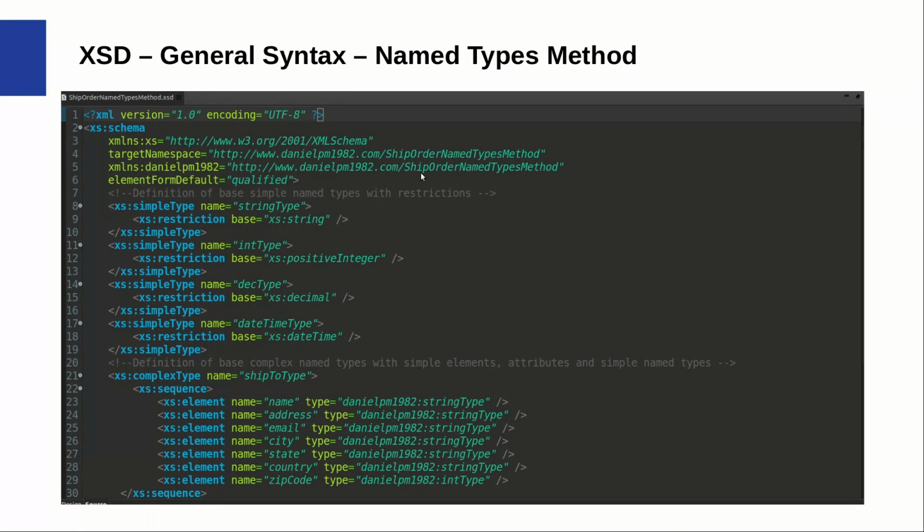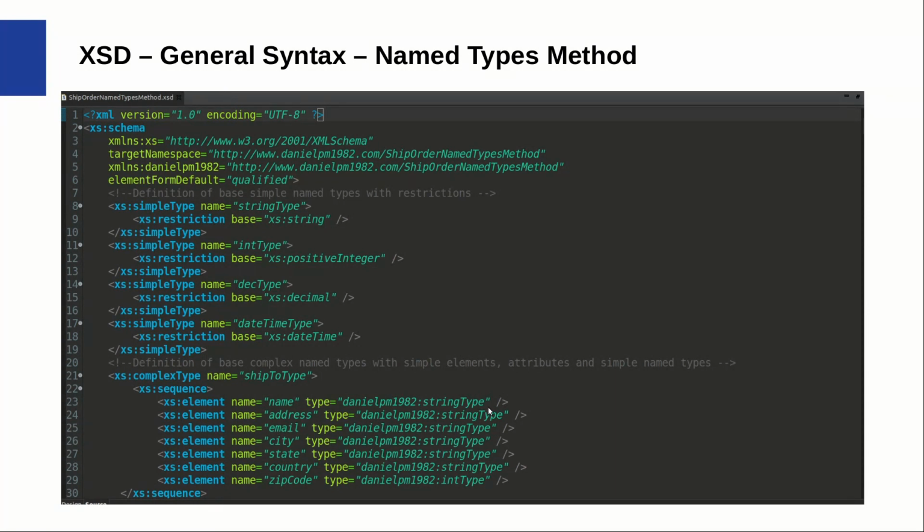So this is the same ship order XSD document, but now having its declaration organized following the named types method, with the simple types declared here initially, then the complex types, for example shape2 type, with some elements nested to it, and at each element, in case these elements refer to external or globally declared types, we use the type attribute and the custom prefix for this document's target namespace and the name of the type.